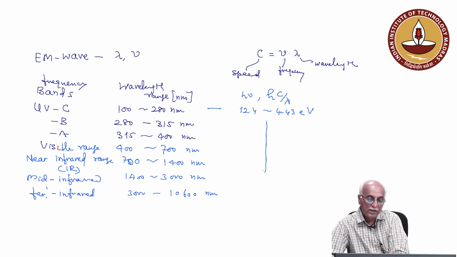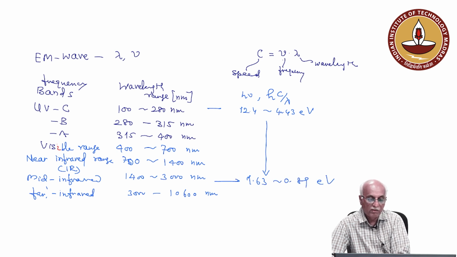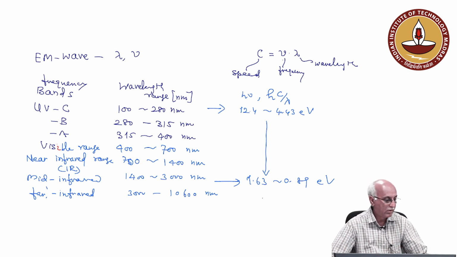As the wavelength increases, in the near infrared range it is around 1.63 electron volt to 0.89 electron volts. This is for the UVC band and so on. So it can be estimated very easily.